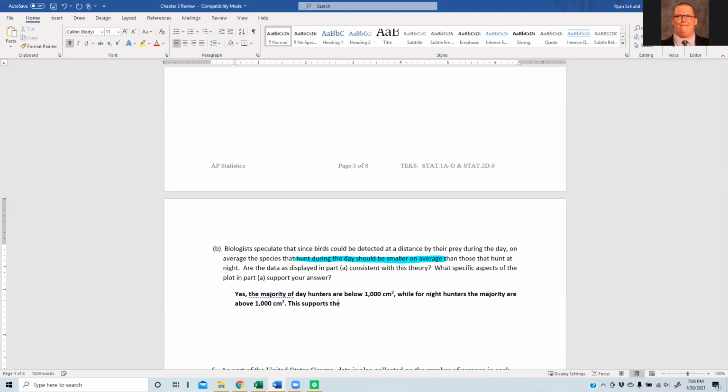This supports the statement that on average the species that hunt during the day should be smaller on average than those that hunt at night.